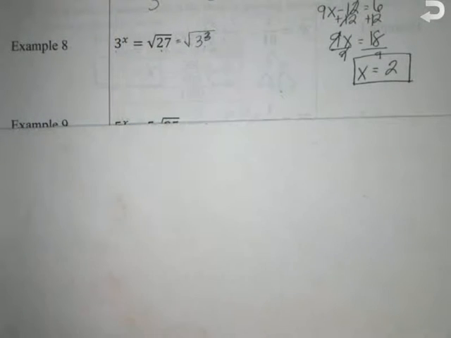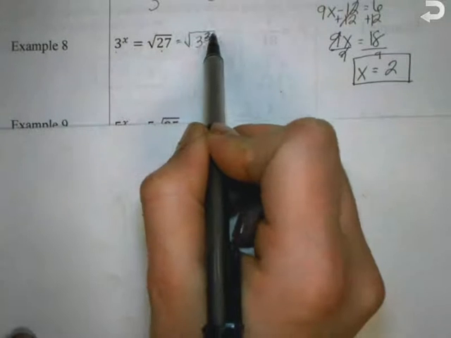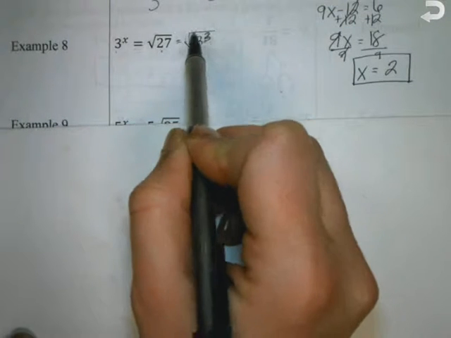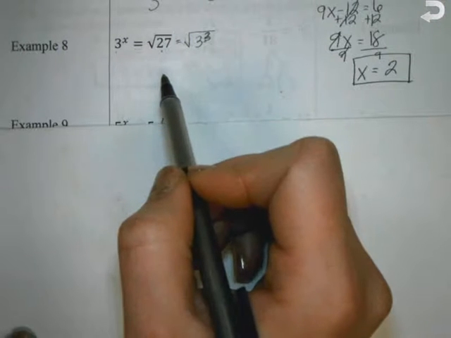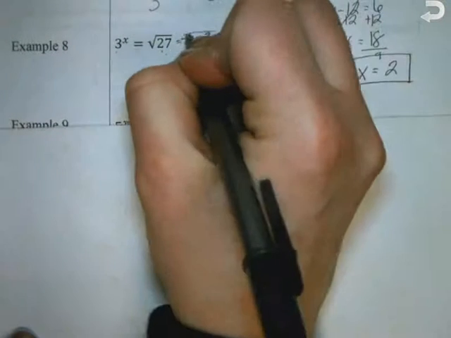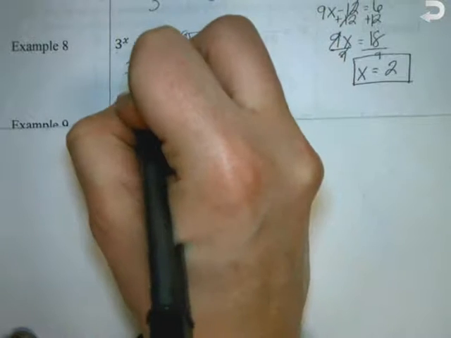We can rewrite the exponent as a fraction. So the 3 becomes the numerator. The index becomes the denominator. What's the index of a square root? 2. So do you all agree that this is the same as 3 to the 3 over 2? Right?